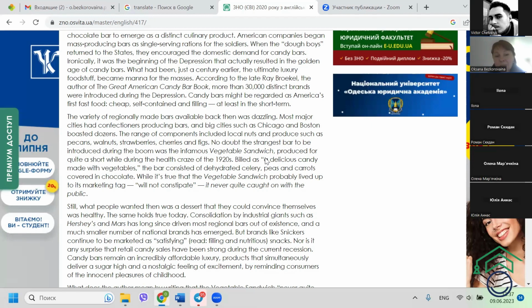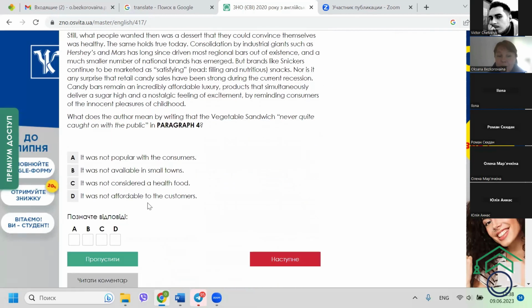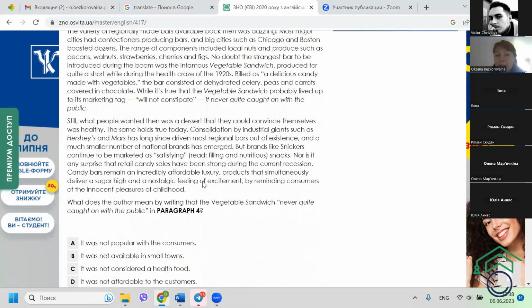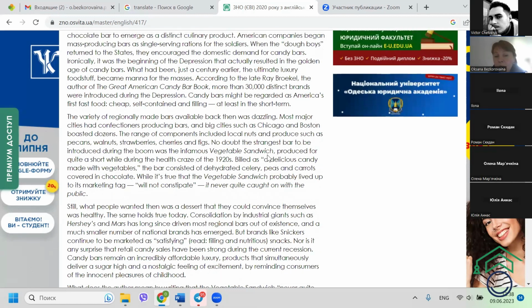І далі ж кажеться, що built as a delicious candy made with vegetables. Його продавали як delicious candy made with vegetables. Там у нас же є щось про здоров'я. Що? It was not considered a health food. Він вважався, да? Ну, мається на увазі, вважався споживачами. Да? От його продавали як a delicious candy made with vegetables.